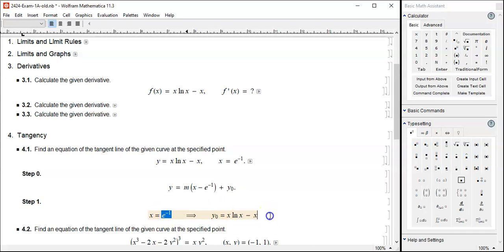All right, let's go ahead and do that. And then let's see, log and exponential cancel each other out. So we have e to the negative 1 power times minus 1 minus e to the negative 1 power. So everything is going to be simplified like this.